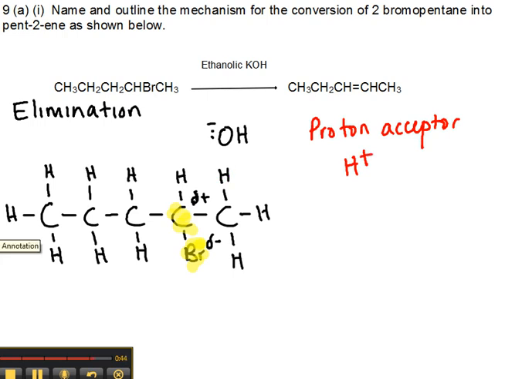The alternative is to react the hydroxide group with this hydrogen over here, which will form the double bond that we would like, and we would indicate the mechanism by drawing our full-headed arrows.